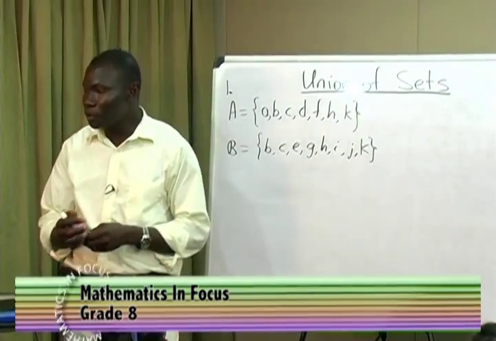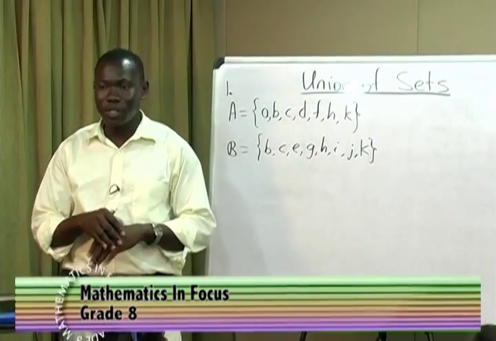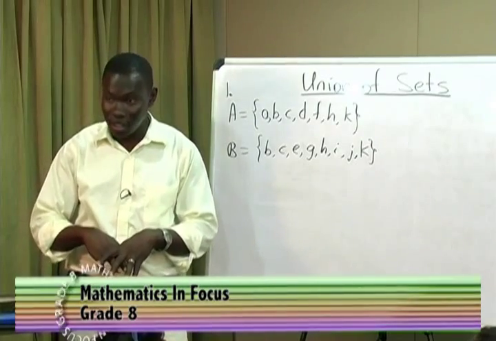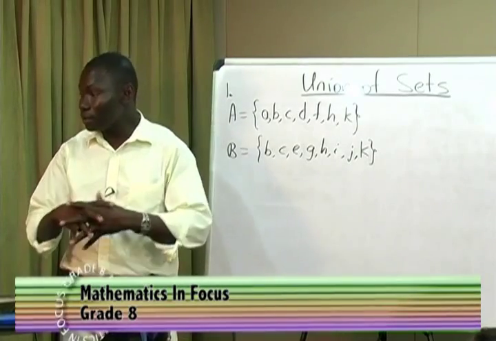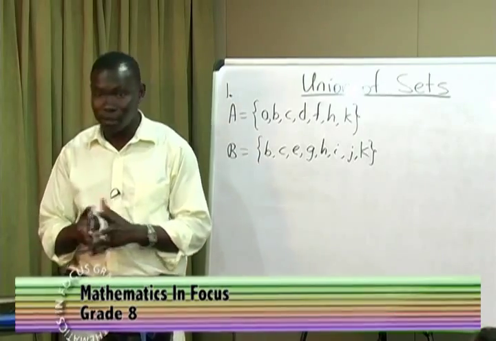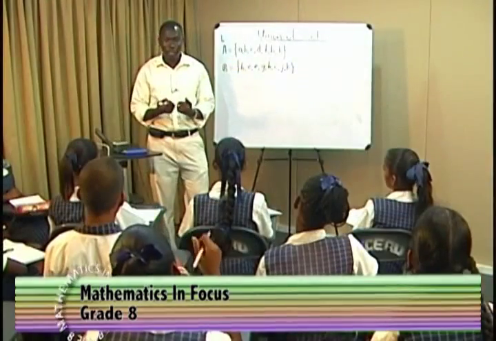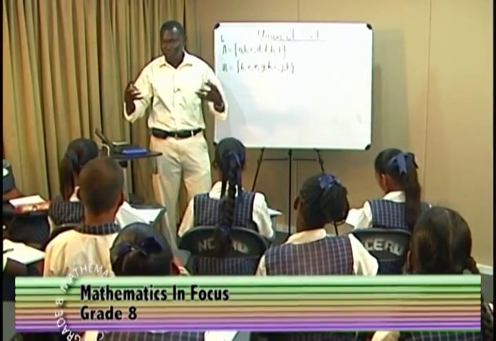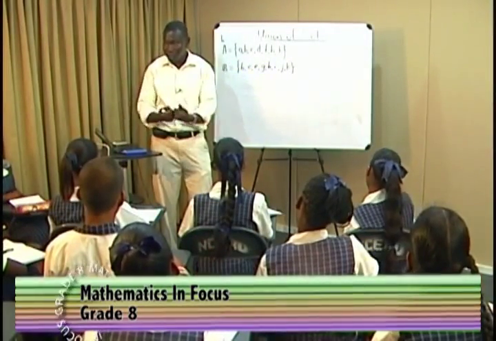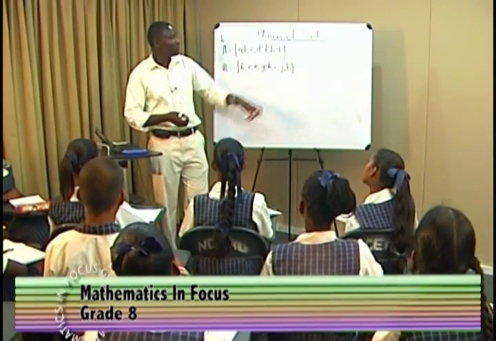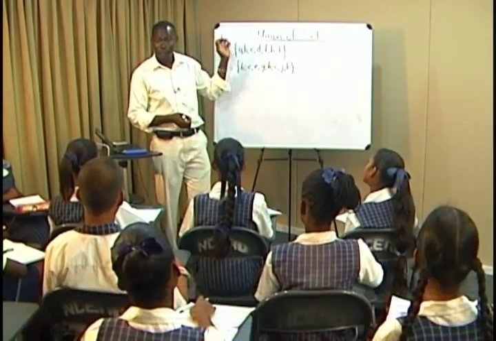But if you put all of them together, then we can say that we have the union of all the classes in grade 8. When you take all these students and you put them together, is that clear? Yes. Good. So union refers to putting all the elements together. The elements from the various sets, we put them together and we call that new set which is created the union of those subsets.